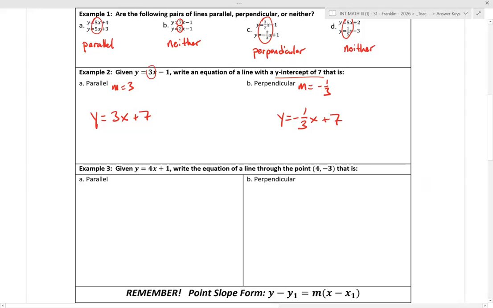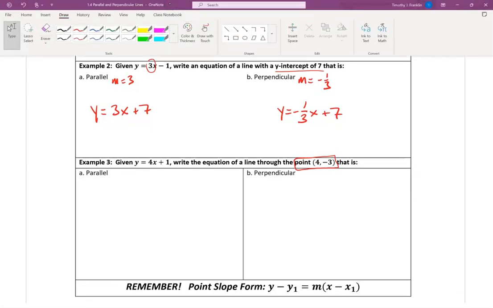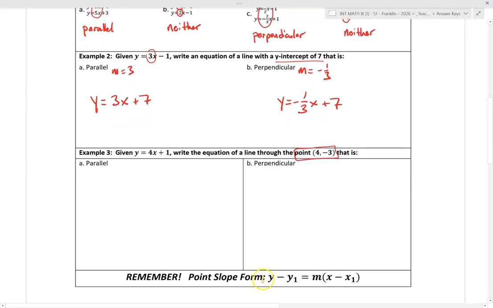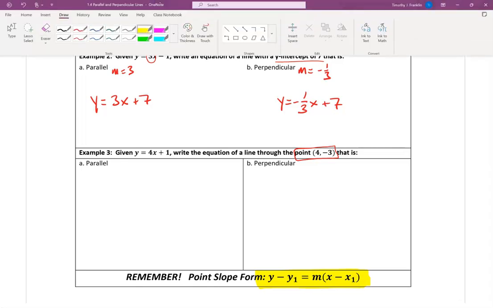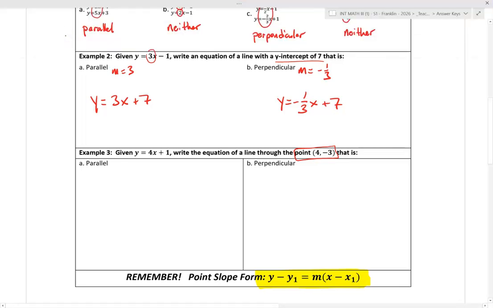For the next example, example 3, we are given the equation of a line, y equals 4x plus 1, and a point that line goes through. So we have to use something called point slope form, which you may remember. It looks like this: y minus y1 equals m times x minus x1. And so what we're going to do is fill in what we know about these lines into this structure and then solve for y.